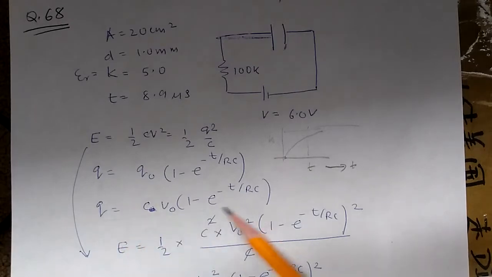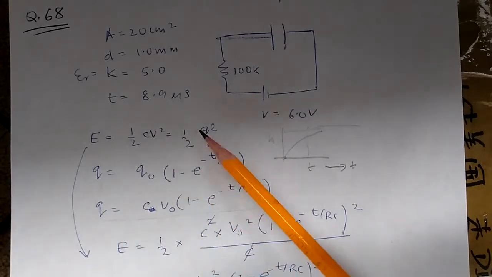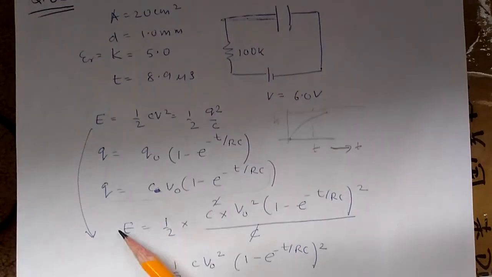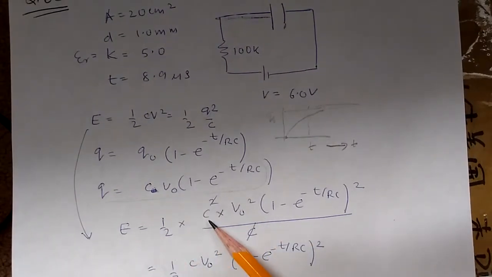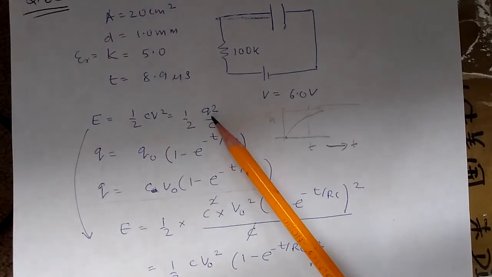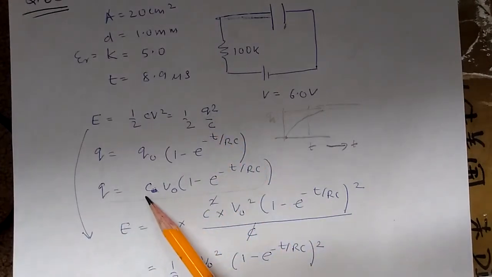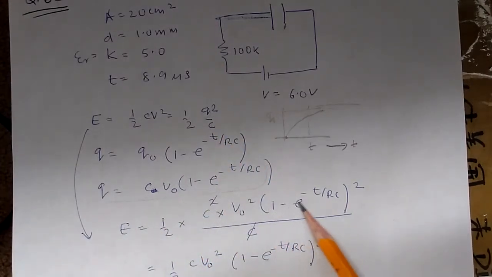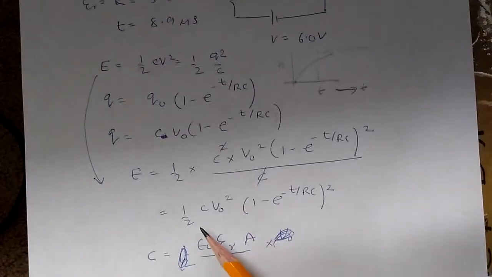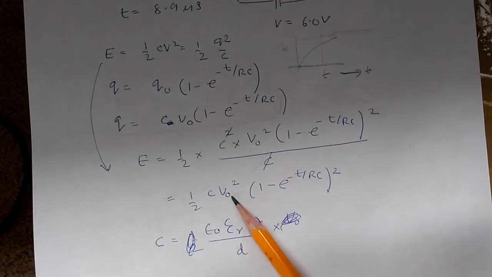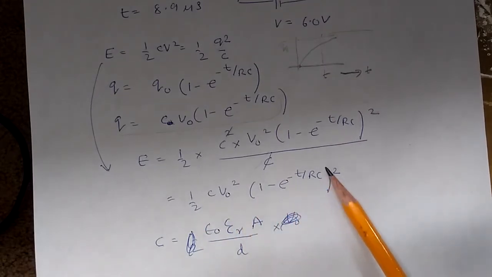With Q known, we can substitute this Q value over here. So E becomes half into Q square, which is C square V naught square times 1 minus e to the power minus t by RC whole square. Once C goes away, we need to find half C V naught square times 1 minus e to the power minus t by RC whole square.